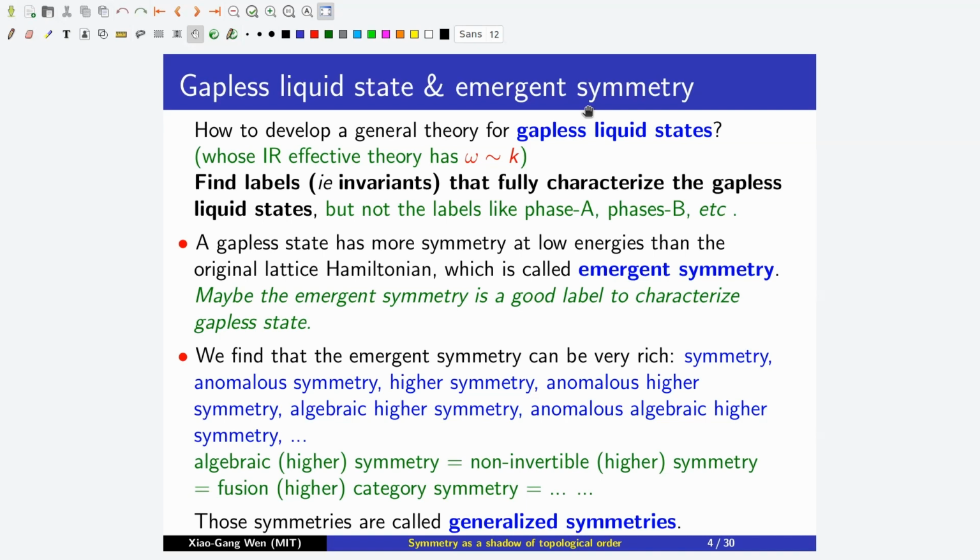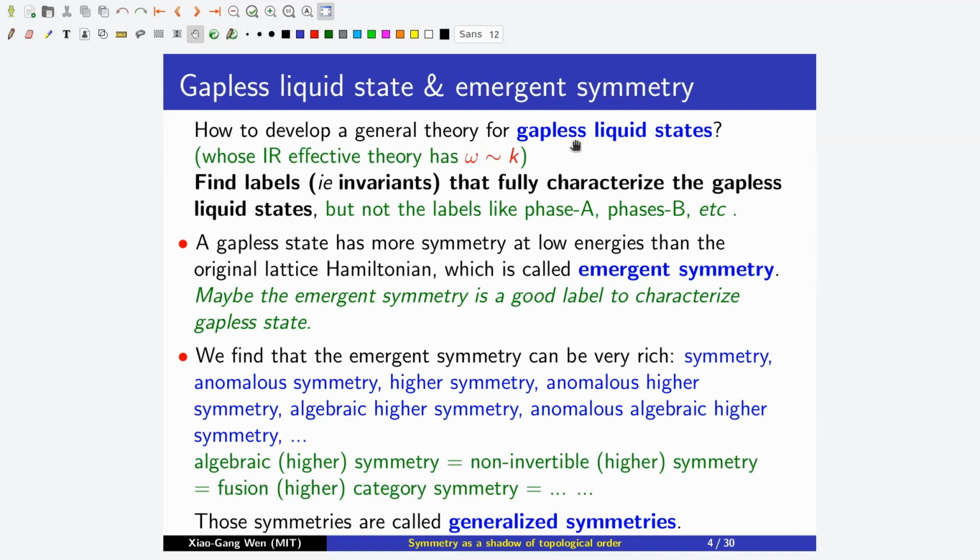So that's why we do need to care about this kind of generalized symmetry. Maybe near the end of this lecture series, we'll give some examples to see how the emergent symmetry and the gapless states determine each other.